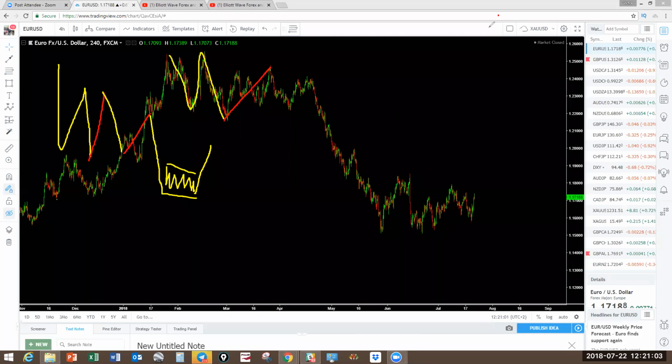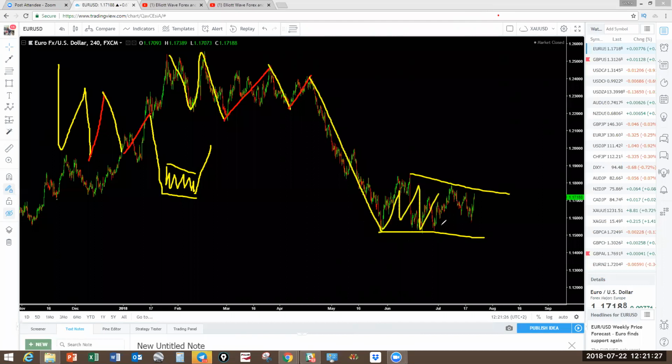I just showed you 2 in 1. Now you've got a move down. You've got a pullback in red. And now you get that last yellow move to the downside. How does that end? It ends with a V pattern. Let's do that V pattern clearly. It ends with this V pattern here. This is the move down, and it ends with this pattern here that we like to call a V pattern.